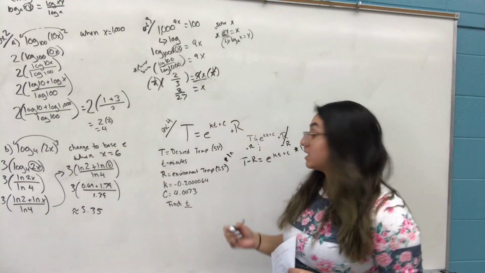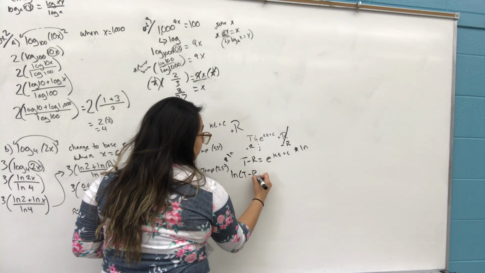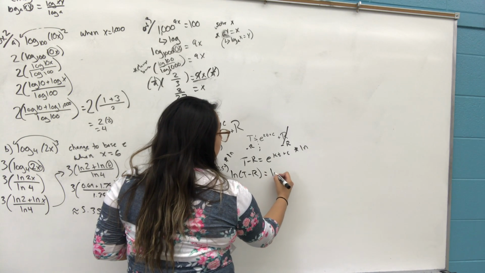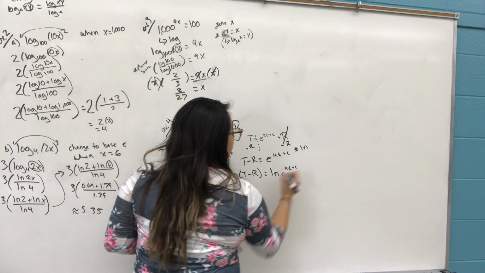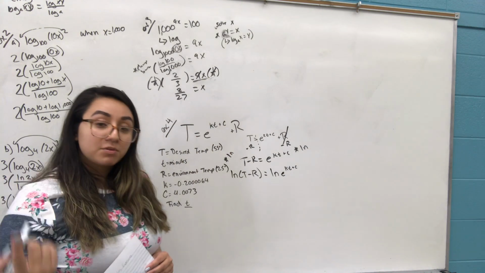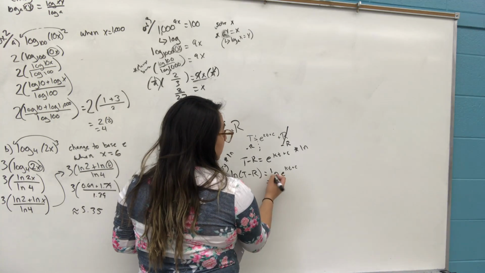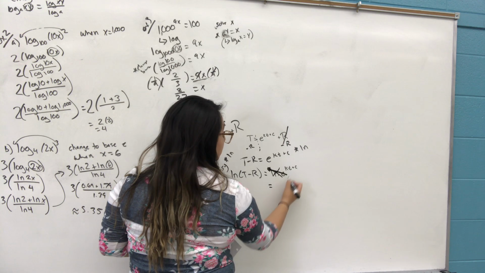So when I take the natural log of both sides, I have the natural log of T minus R. It's combined, so I can't do anything there. That is equal to the natural log of e to the kt plus c power. If you remember one of the rules, it's an inverse. Whenever you have the natural log of e, this cancels out and you end up with just the exponent.